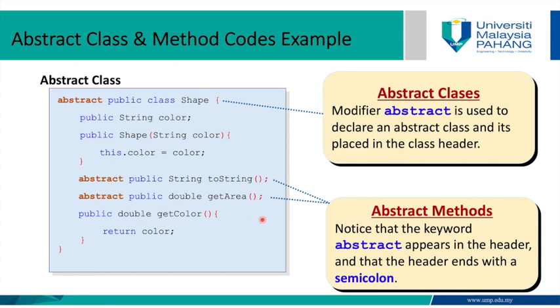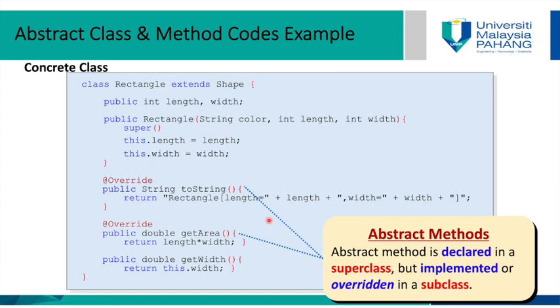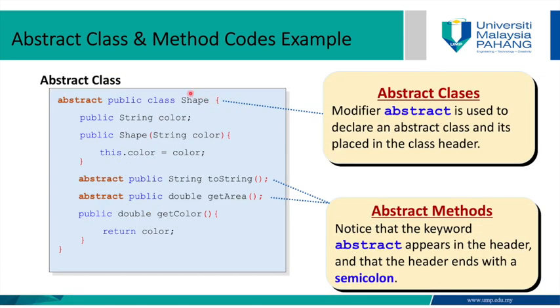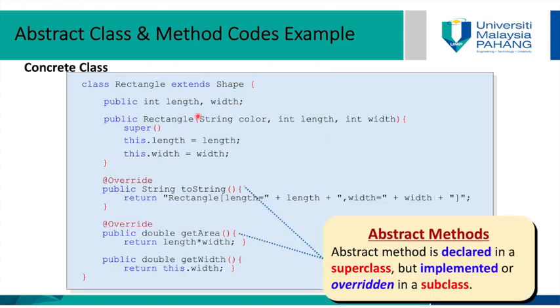In the subclass. So this is the concrete class, which is the regular class. We have class Rectangle extends Shape. We are extending Shape, which is this class. And then if you go here to the override methods, here we have the implementations of the abstract methods that we defined in the previous class.